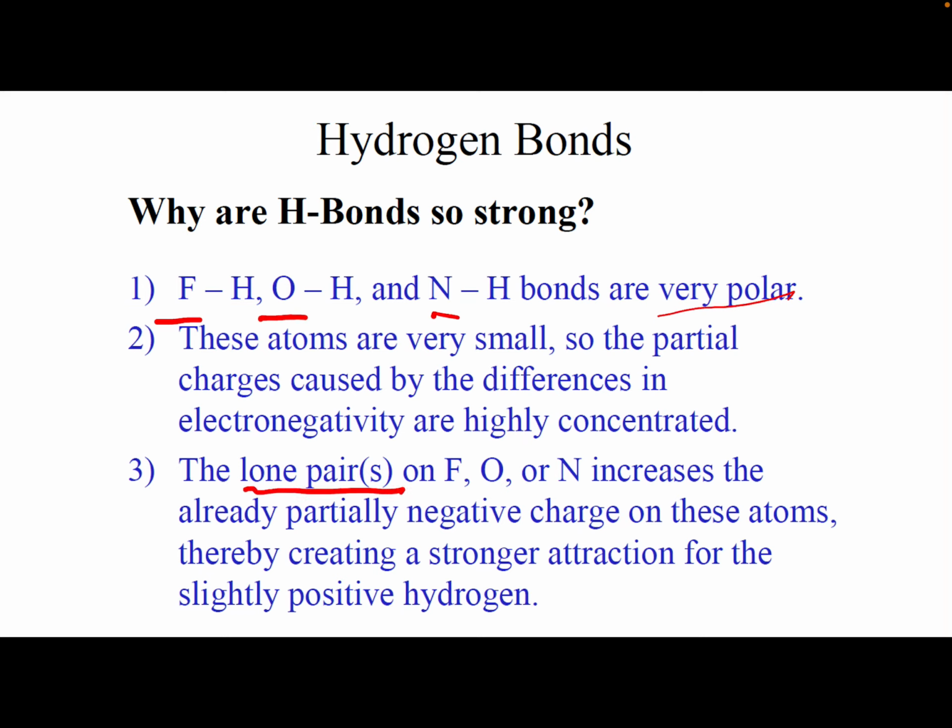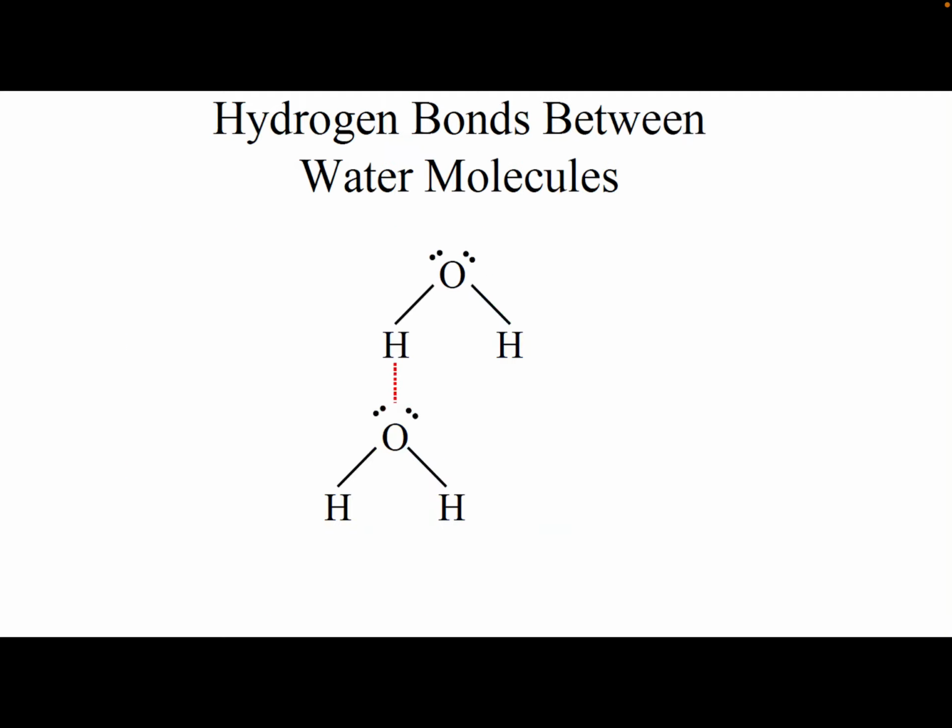And then the lone pairs: fluorine has 3 lone pairs, oxygen has 2 lone pairs, and nitrogen generally has 1 lone pair. It increases the already partially negative charge on the atoms. So anything with hydrogen bonds is going to have a higher boiling point or a higher melting point, even than something with dipole-dipole intermolecular forces.